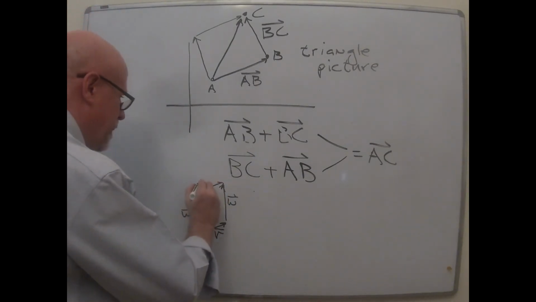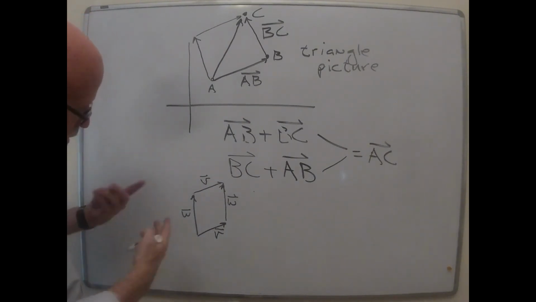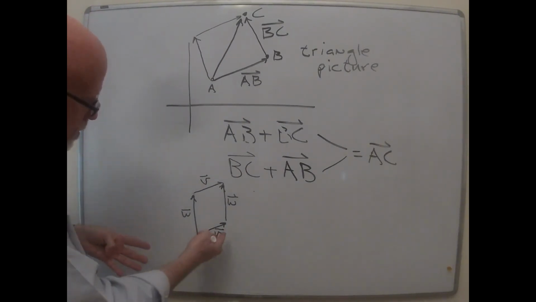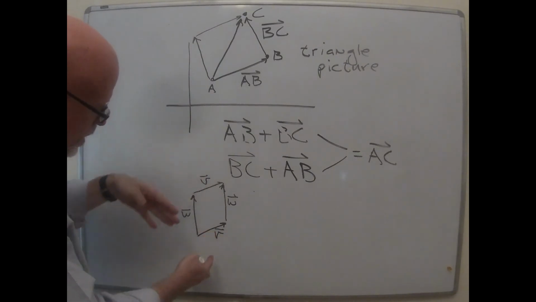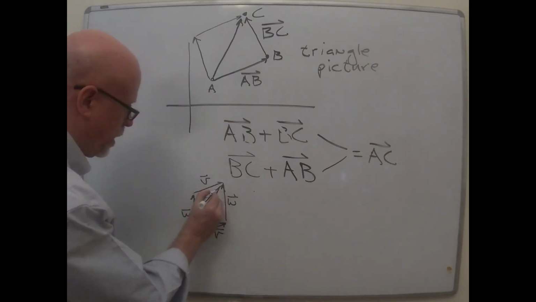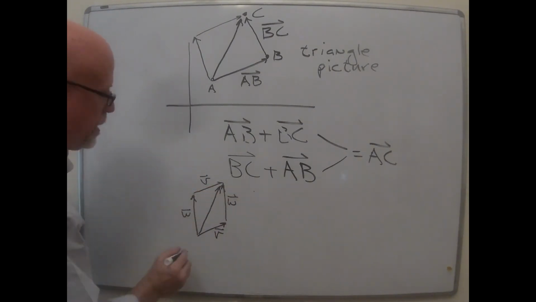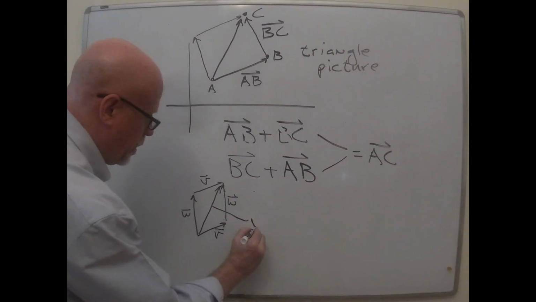Yeah, all right, my diagram is sloppy, but it gets the idea across. You see that we create a parallelogram with V on two sides and W's on the other two sides, and the diagonal of that parallelogram that goes from their common tail to where their heads meet, that's V plus W.